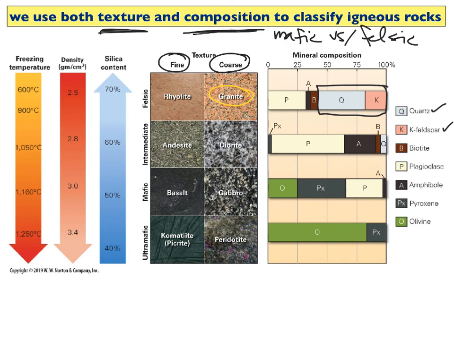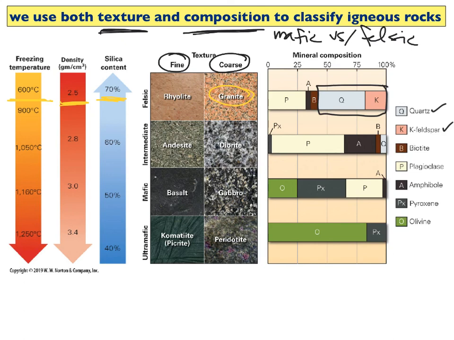Okay, so this is a very important slide, and I encourage you guys to spend a lot of time studying this slide, studying this figure from your textbook. It's very important. We're going to talk about it when we get together in class, but I want you to see if you can't figure out some of these relationships and how silica content, the higher the silica content, the lower the density, the lower the temperature.